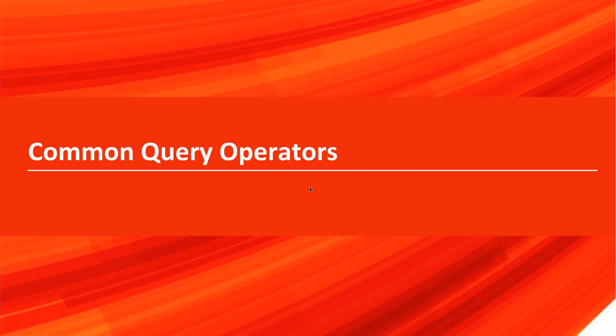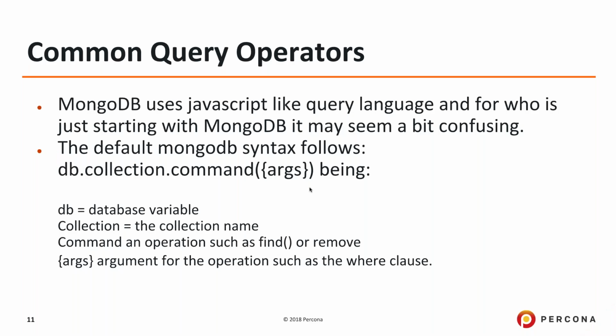So let's assume we've followed those recommendations in the last section, and we've got some good data types. Let's start to look at how we'd actually query this. Mongo uses a JavaScript-like query language. It kind of looks like JSON. When you're starting out, it looks confusing because it's not using words the way SQL uses words like select, from, where.